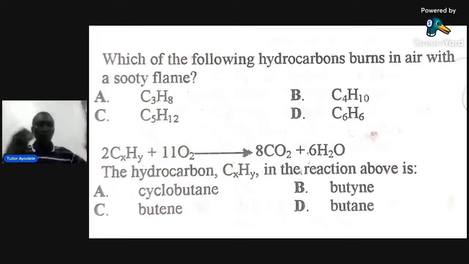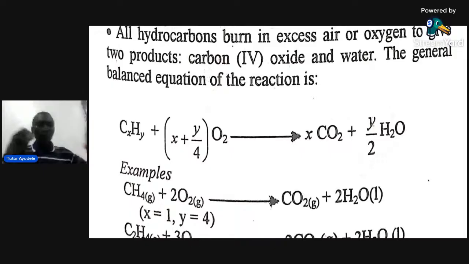Now, let me show you the formula you use to balance it. I showed the formula earlier, but I will repeat it again. This is the formula we use to balance hydrocarbons, especially for students who find it difficult to balance. What is it called?